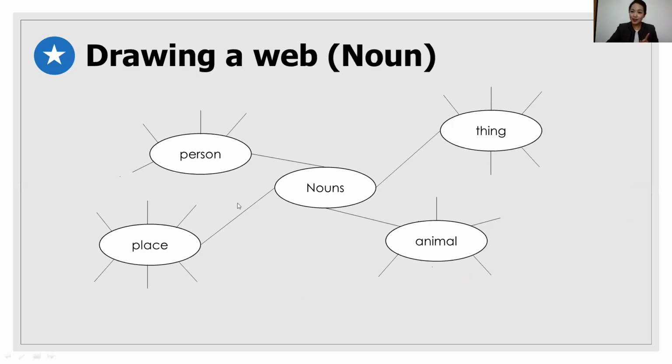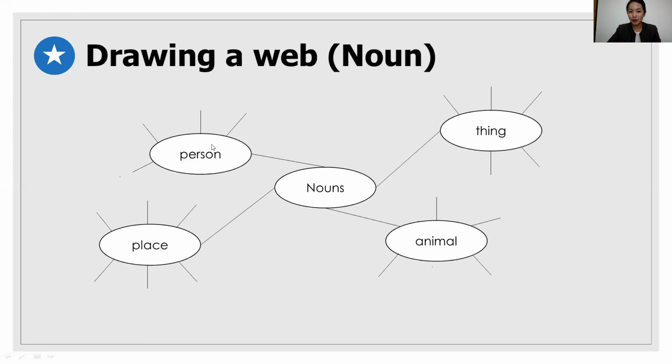As a first step, they will learn what a noun is. So before you explain what a noun is, you can ask students to draw a web: person, thing, animal, and place. So they will have some concept of what a noun is.